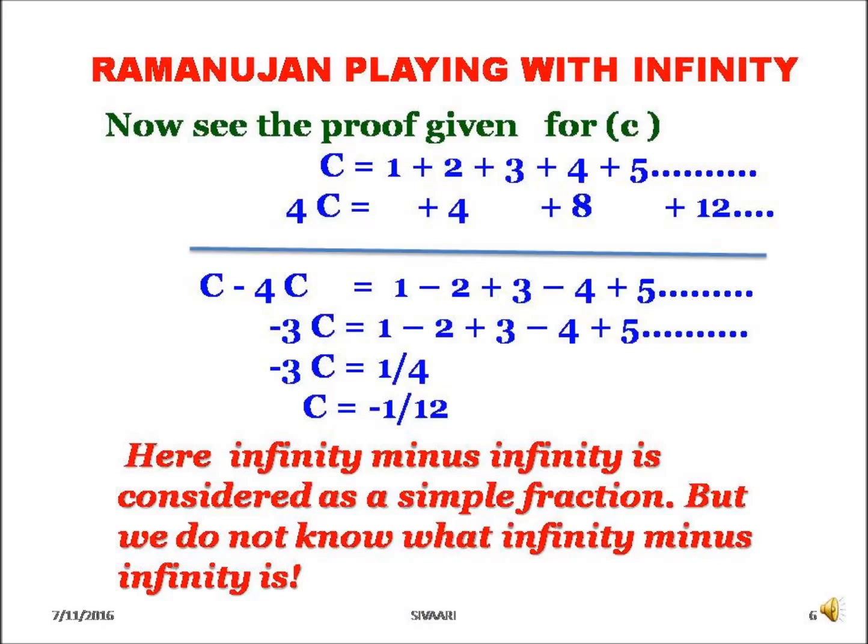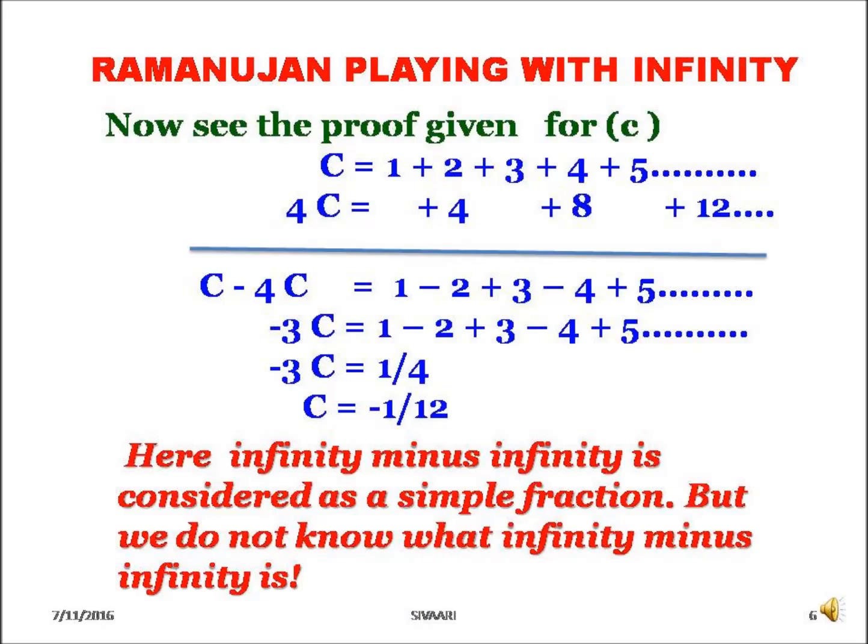Now see the proof given for C. C is equal to 1 plus 2 plus 3 plus 4 plus 5 etc. Now multiplying both sides by 4, 4C is equal to 1 into 4, 4 is placed below 2, and 1 into 4 into 2 is 8, that is placed below 4, etc. Now subtracting, C minus 4C is equal to 1 minus 2 plus 3 minus 4 plus 5 etc. That is, minus 3C is equal to 1 minus 2 plus 3 minus 4 etc. Minus 3C is equal to 1 by 4.